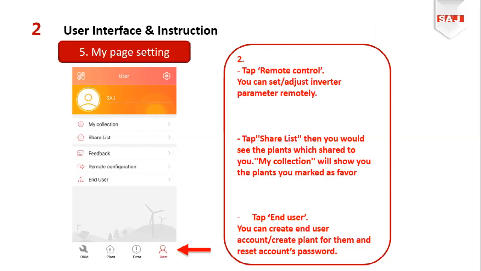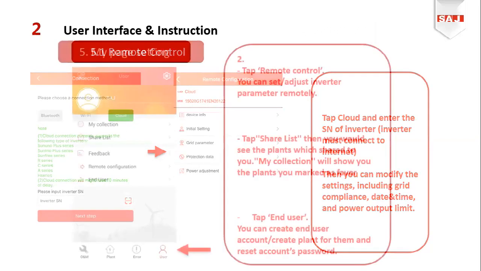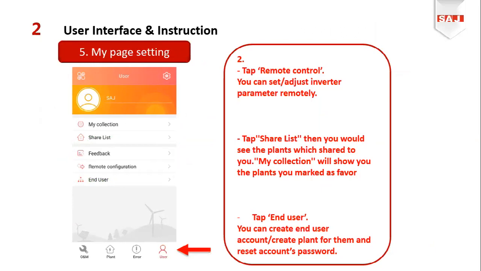Then you can do the remote setting according to the real condition of the inverter. For example, if the inverter has an alarm like over voltage alarm, then you can do the parameter adjustment remotely here.